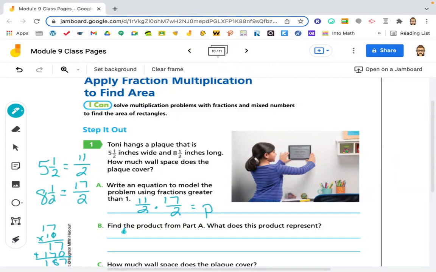So we get 187 over 2 times 2, which is 4. And this represents the area of the plaque.